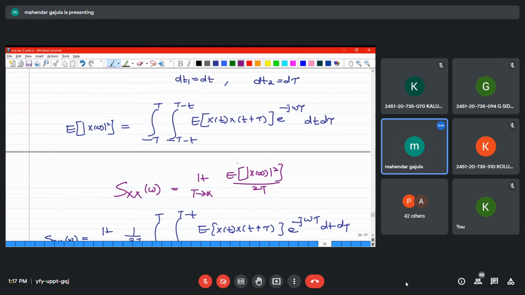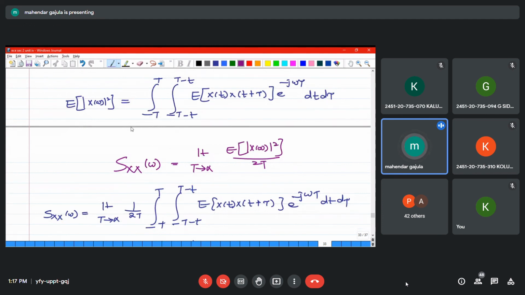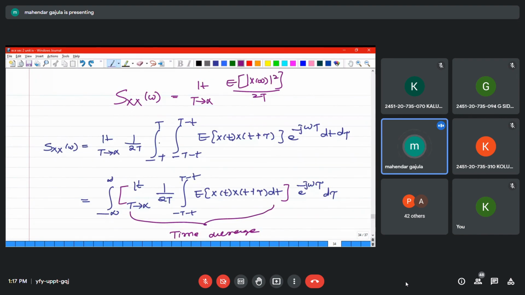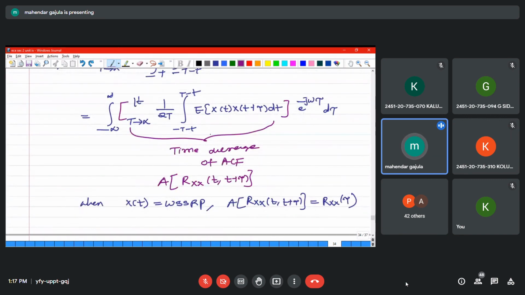Okay, so you have to apply this expectation of mod X(omega) square in the spectral density formula and simplify it. Here we got one formula, the time average formula. If we assume that x(t) is a wide sense stationary random process, and that too ergodic in correlation, strictly speaking it is not only a wide sense stationary random process, it is ergodic in autocorrelation.